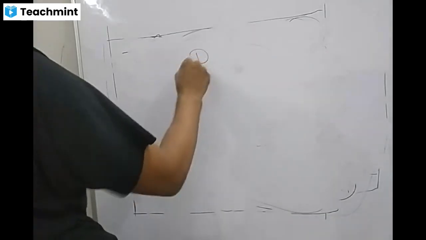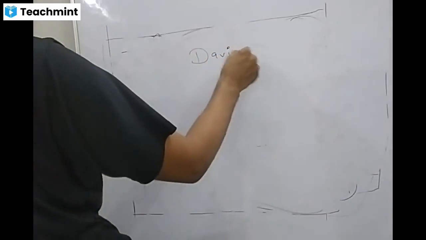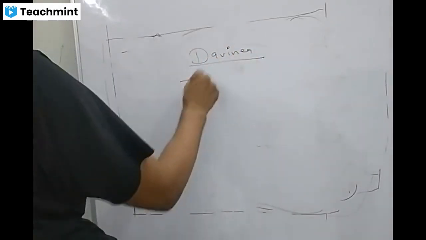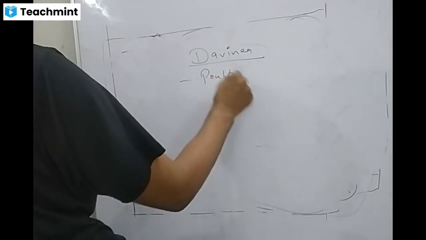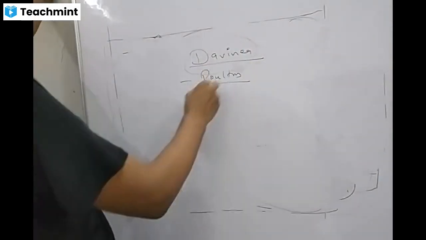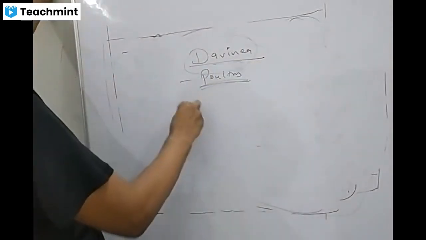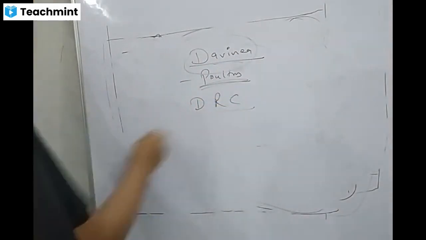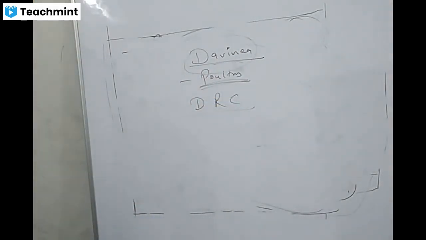Then there is one more family which is related only with poultry. Just as in trematodes there was one fluke related with poultry, that was Prosthogonimus fluke. In this cestode family, Davaineidae, there are three members, that is DRC, just like dose response curve.